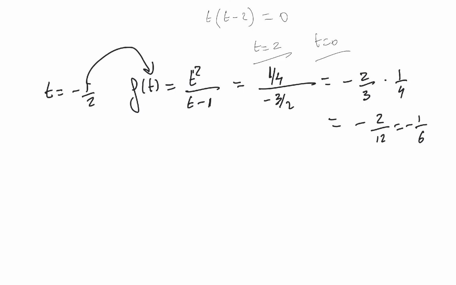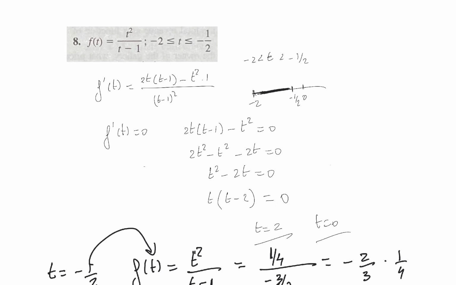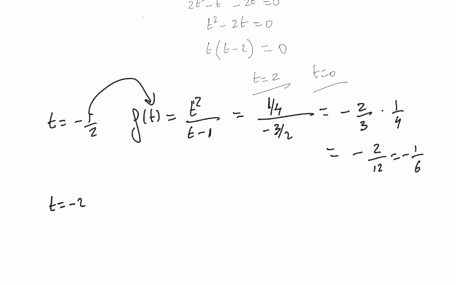So now I'm going to the end points of the interval. T equal -2. The interval is the interval -2 to -1/2. Okay, so I see what is the value of the function at -2. It would be -2 squared, which is 4, divided by -2 minus 1, which is -3, so -4/3.